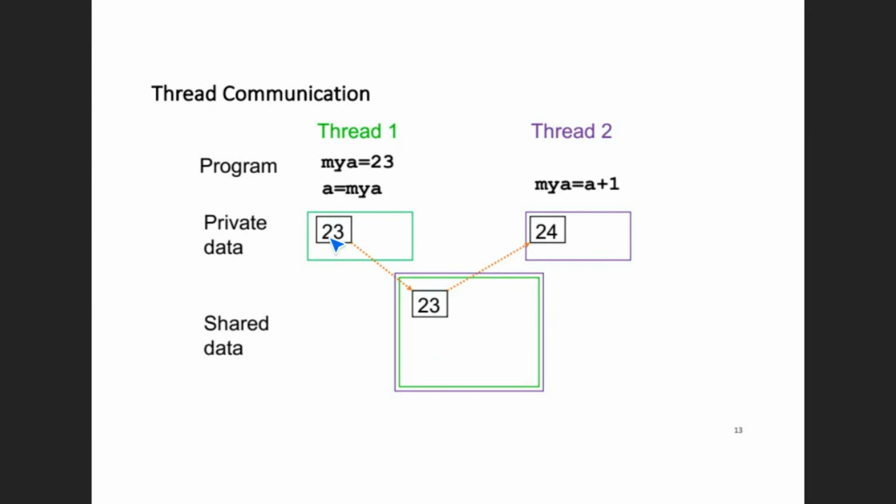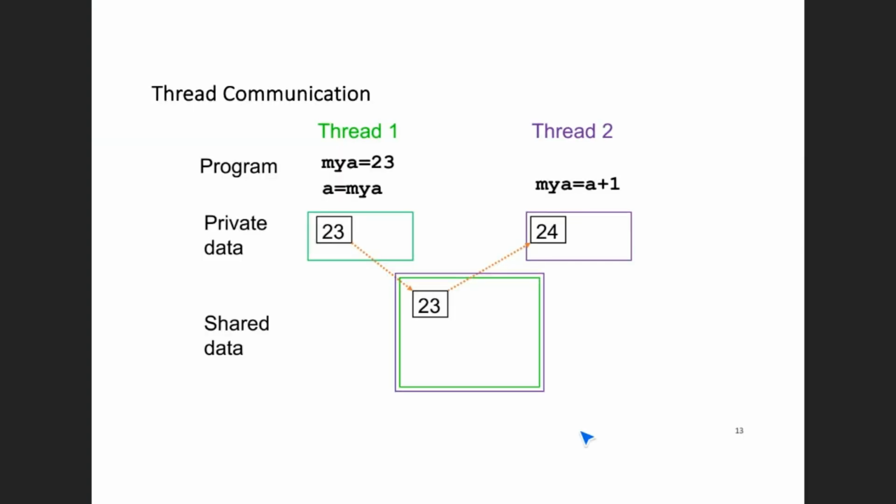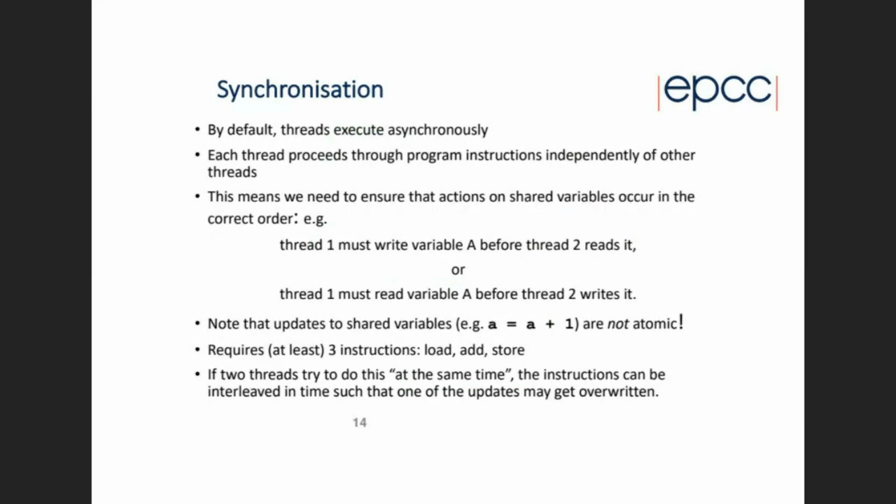So they can contain different values, and they will in general contain different values, even though the threads refer to those variables by the same name.